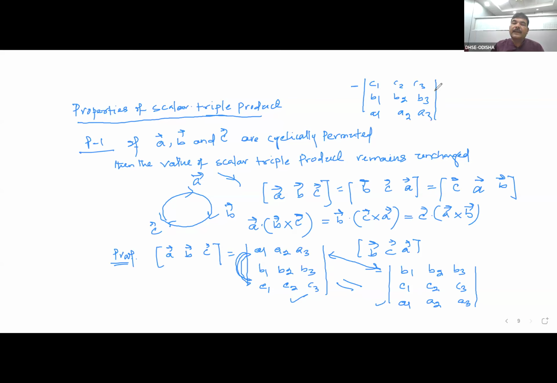Again, we interchange row 1 and row 2, so negative of negative will be positive, giving rows B1, B2, B3; C1, C2, C3; A1, A2, A3. According to the property of determinants, these two determinants are the same. So box product ABC is equal to box product BCA. Similarly, we can prove that it is equal to box product CAB. Hope it is clear to you. Then come to the next property.